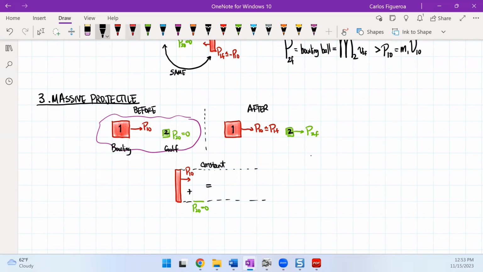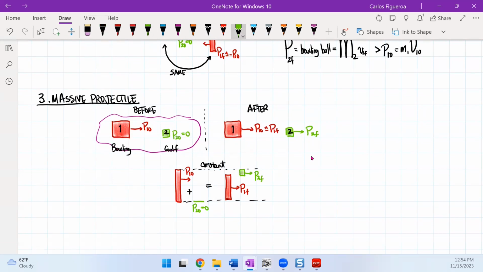But we can use intuition. We would expect that most of the momentum is going to stay with the bowling ball. But it has to give some up to the golf ball. And we expect that the golf ball is going to get a little bit of that momentum.